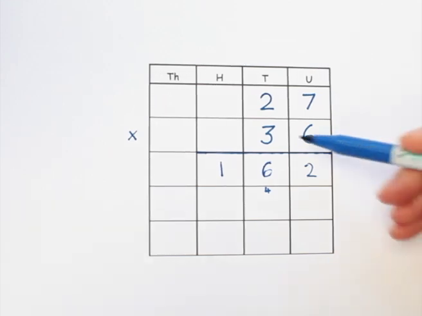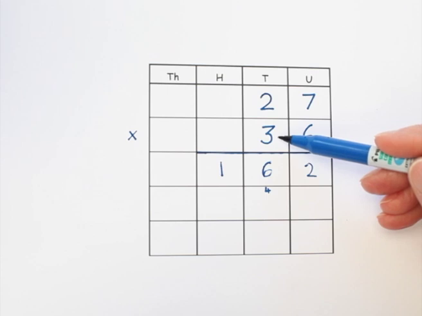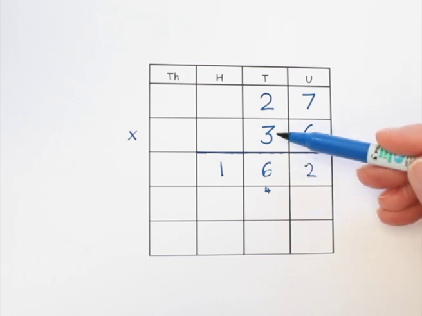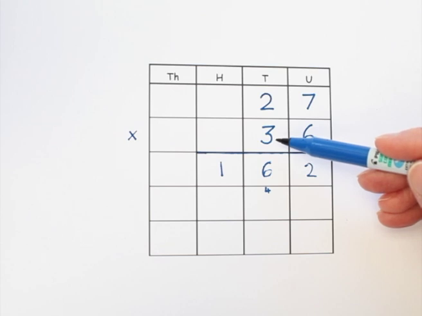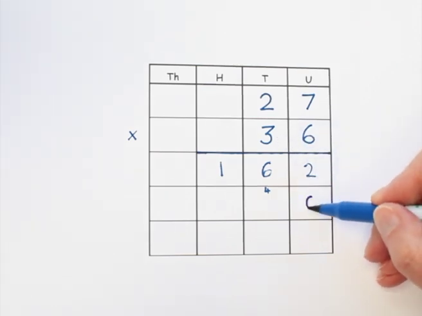Now you multiply by the 3 in the tens column. This is really 30. You start by putting the answer in the same column as the digit you're multiplying by, the 3 in this case. You will have effectively multiplied by 10 by moving all the digits along one column to the left, and you put a 0 in the units column.